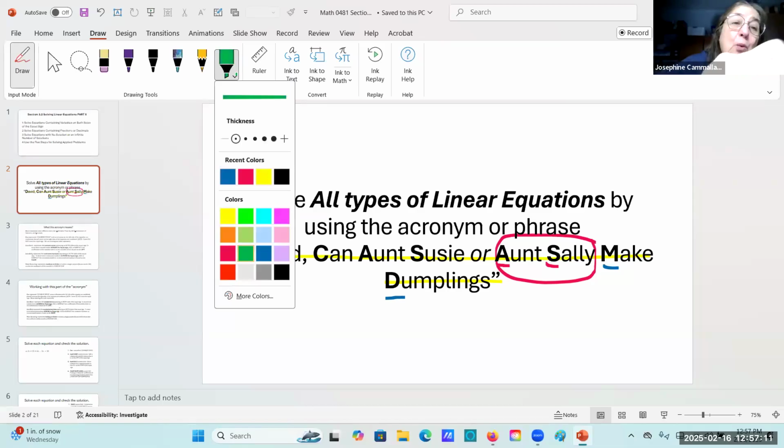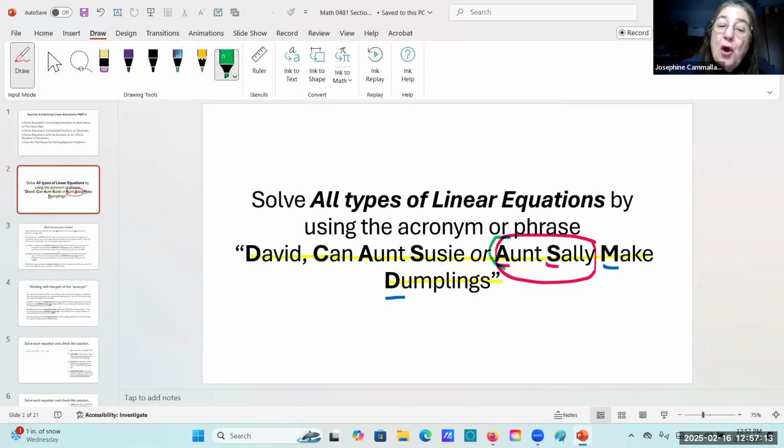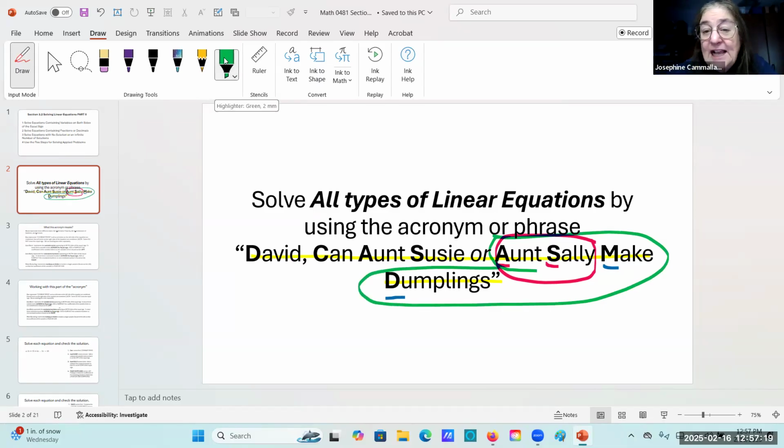Then we put them all together, which means we did Aunt Sally makes dumplings, where you add or subtract first, and then you multiply or divide to get the variable by itself with a positive 1 coefficient.